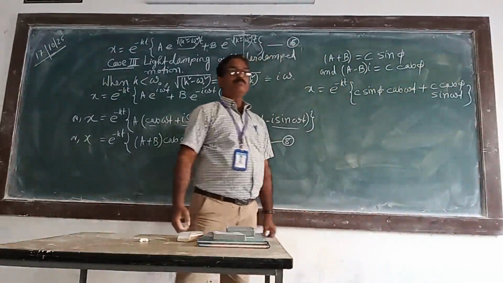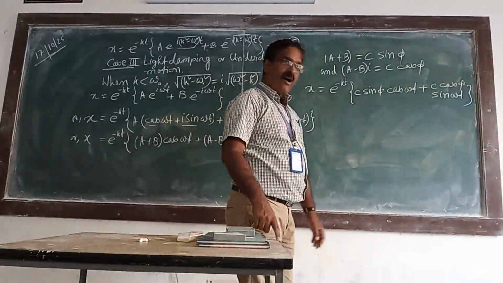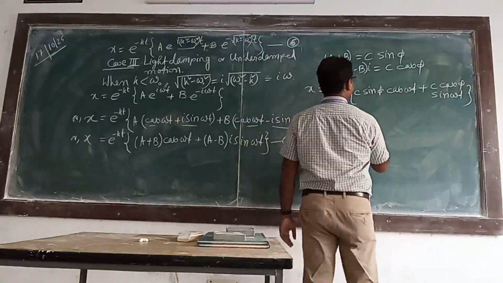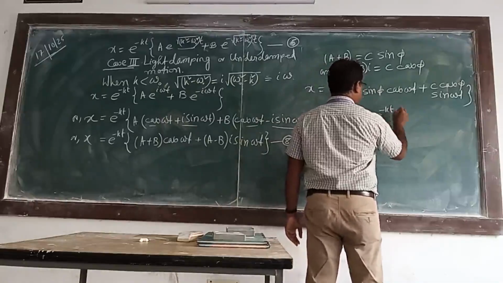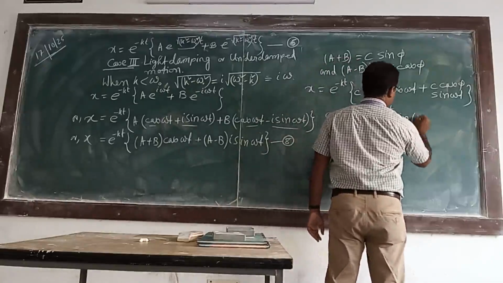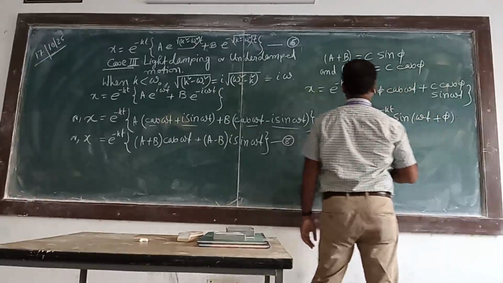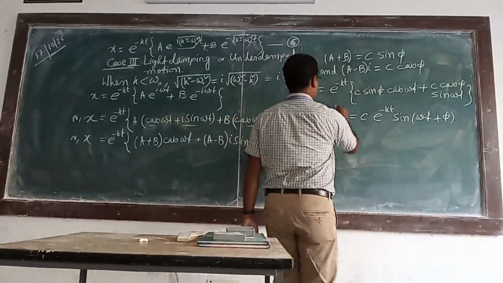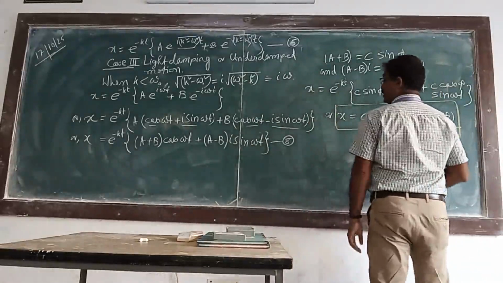Using the formula for sin omega t plus phi, x equals c e to the power minus kt sin omega t plus phi. Equation number 9.